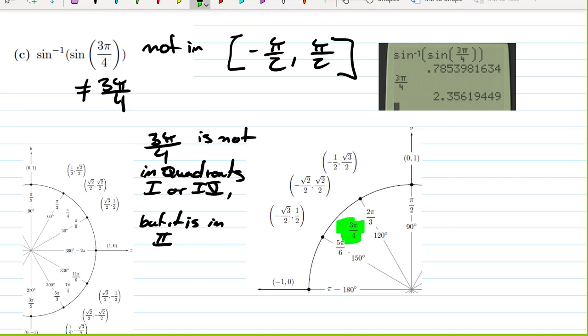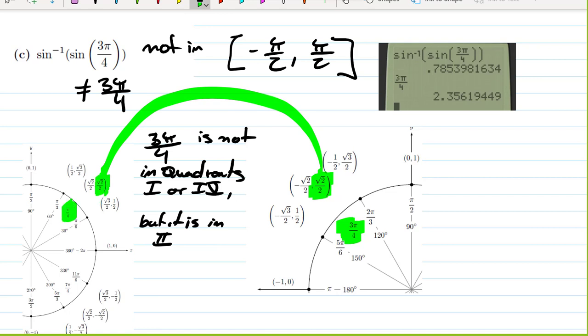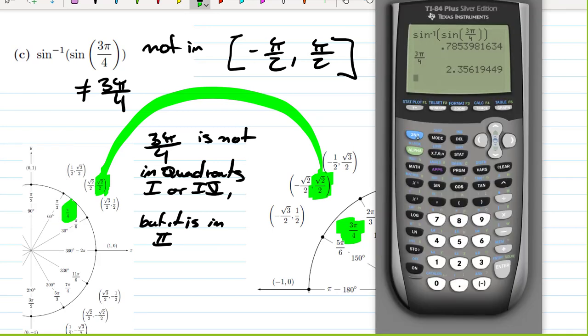So what's the sine of 3 pi over 4? Well, sine is y. That's root 2 over 2. We'll notice that if we come back to where we're supposed to be in quadrants 1 and 4, we also have a square root of 2 over 2, which pairs up with pi over 4. And if I grab my calculator and check pi divided by 4, and I compare that with what my calculator gave me, it gives me the same answer.